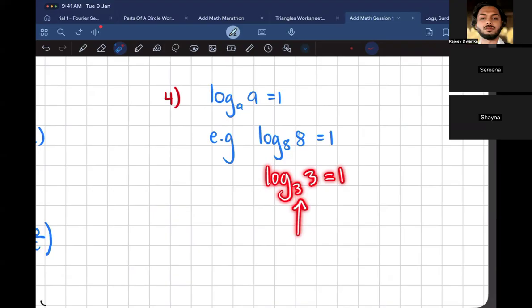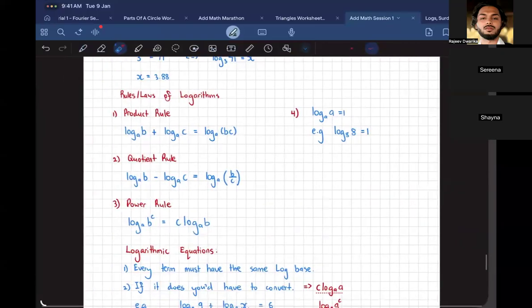Your base. What do you think 3 is? The argument. And 1 is the power. Right. Remember, log function gives you power.